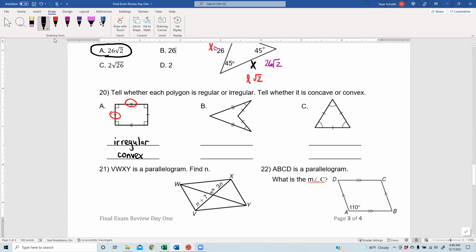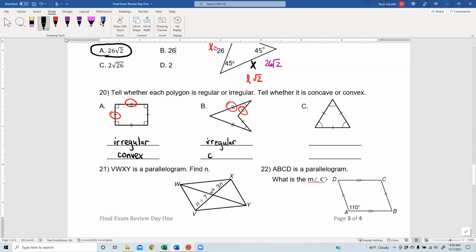For B, all the sides are not the same for starters. So let's go and just get that out of the way and call this irregular. But it's also caved in right here. It's like Chuck Norris kicked in the side.